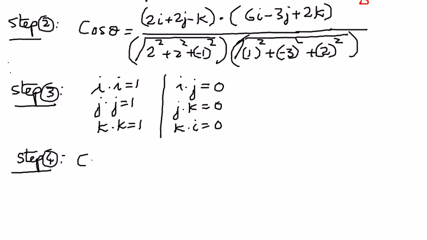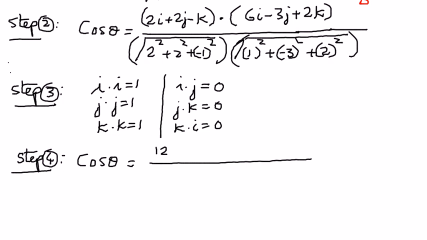In here, cosine theta is going to be equal to, in the numerator, 2i dot 6i, that is 12 i dot i, therefore that's going to be 12. Then 2i times negative 3j is negative 6 ij, ij is equal to 0, so we're not going to write that. 2i times 2k will be 4 ik, which is 0, we're not going to write that.